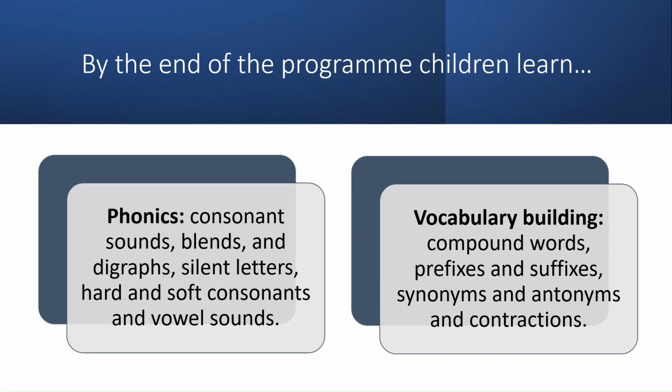By the end of the program, children learn phonics, that is consonants, sounds, blends and digraphs, silent letters, hard and soft consonants, and vowel sounds. In vocabulary building, they use compound words, prefixes and suffixes, synonyms and antonyms, and contractions.